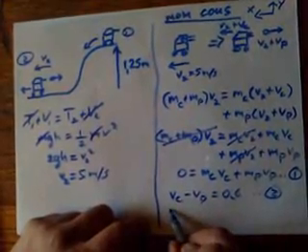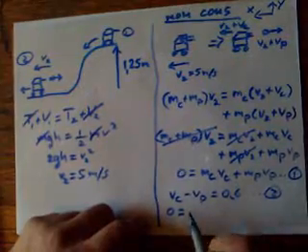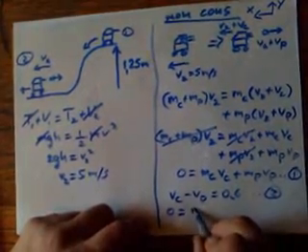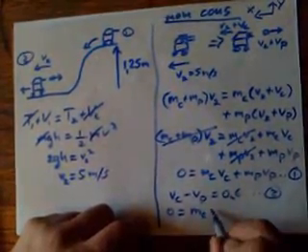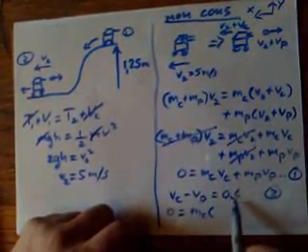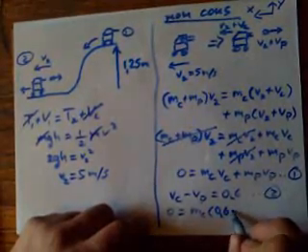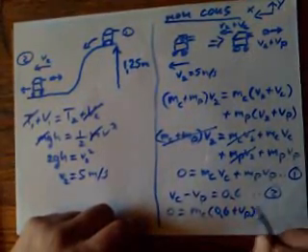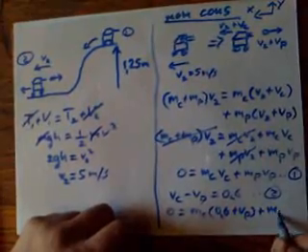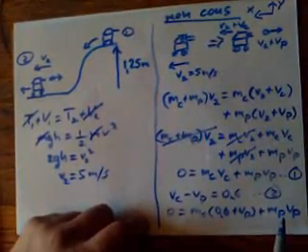I'm going to do that just for the one so that you can see what it looks like. So 0 would just be equal to MC times (0.6 plus VP) plus MP VP, so that we have one equation with one unknown.